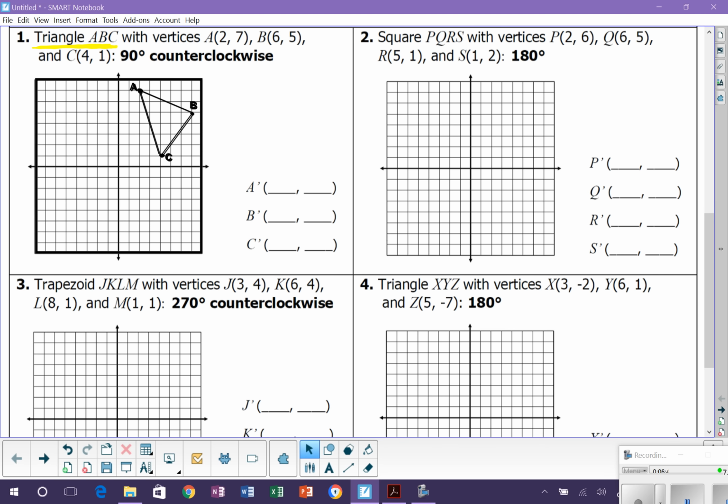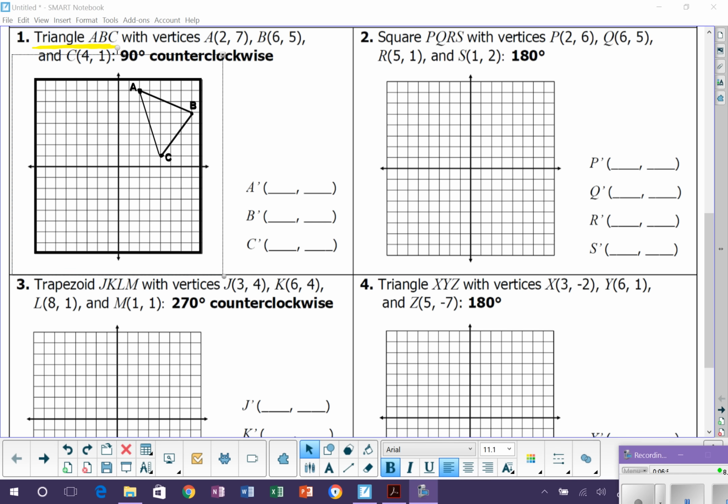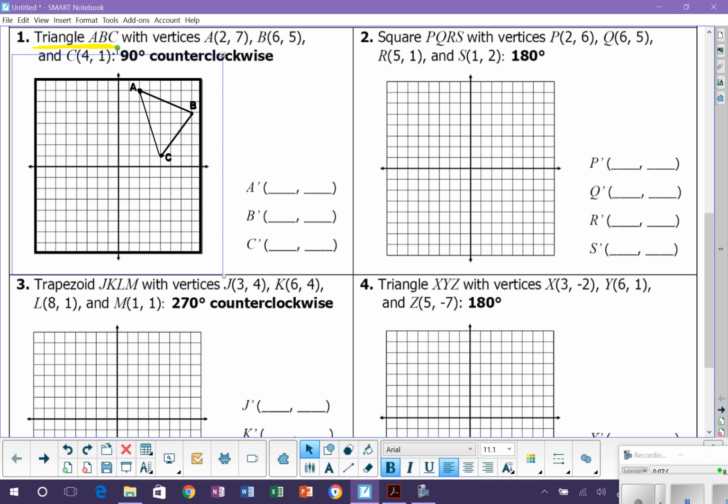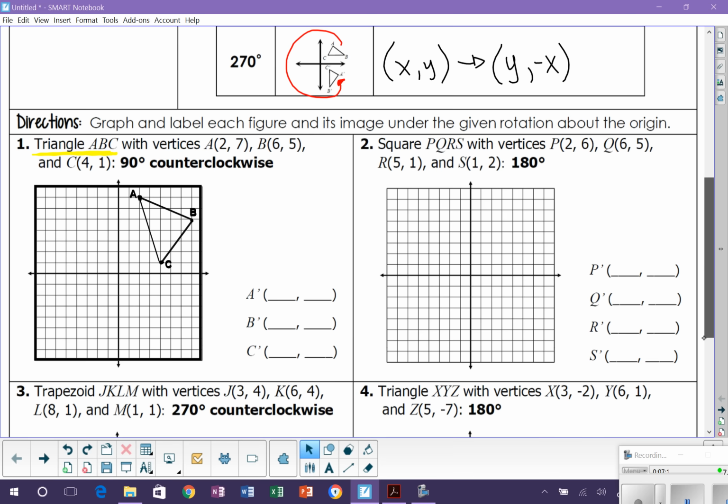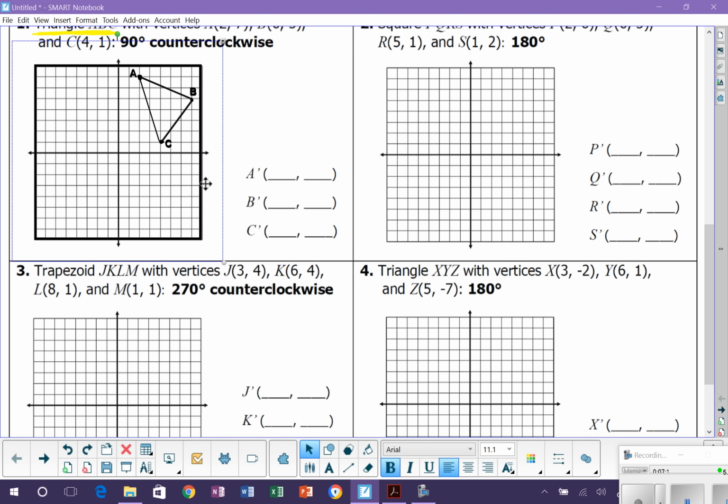Hopefully it'll match up a little. Hopefully, there we go. Okay, so I've laid the duplicate that I made on there.